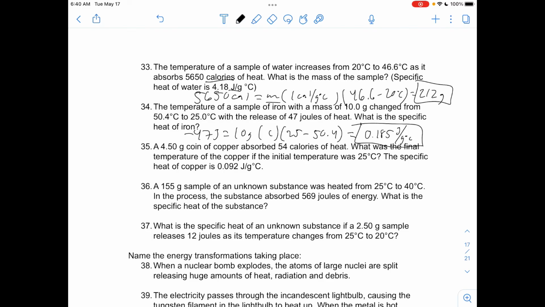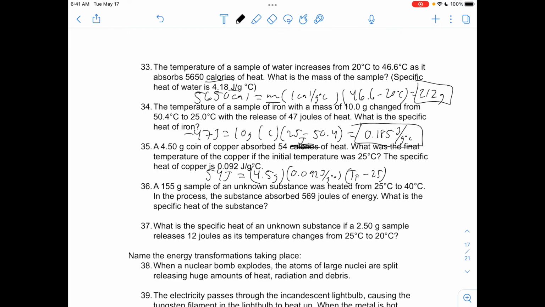Next one. Just for practice's sake, I'm going to turn this into joules. So I have 54 joules, and that's equal to the mass times the specific heat, 0.092, and we're looking for the final temperature, TF minus 25.